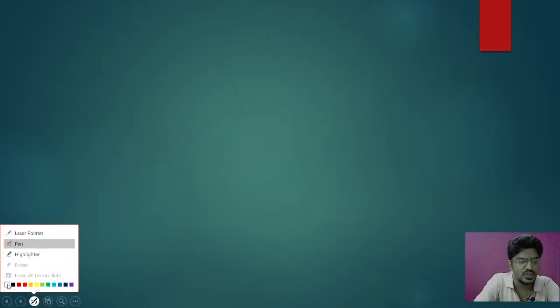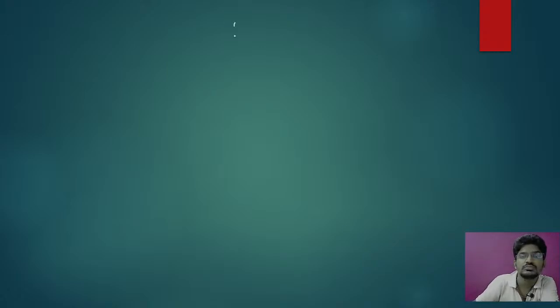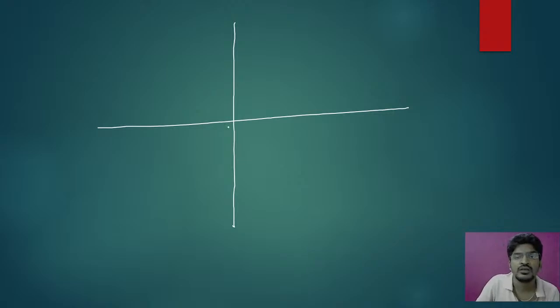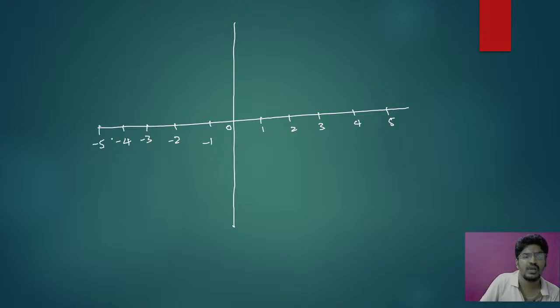So now let us draw the graph. Say this: 0, 1, 2, 3, 4, 5, and -1, -2, -3, -4, -5. See here, my dear students, in between 0 and 1, I can take any number. Output will be what? 0.